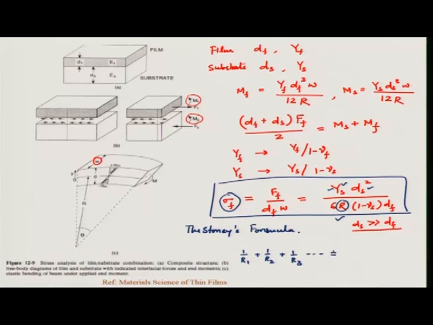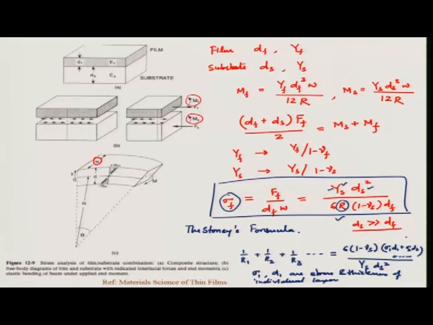Then this equation will be given by sigma 1 d1 plus sigma 2 d2 and so on, divided by Ys ds square, where sigma 1 and d1 are the stress and thickness of an individual layer. So you can not only measure the stress in one layer, but you can also calculate what the total radius will be and how you relate it to the stresses in different layers.